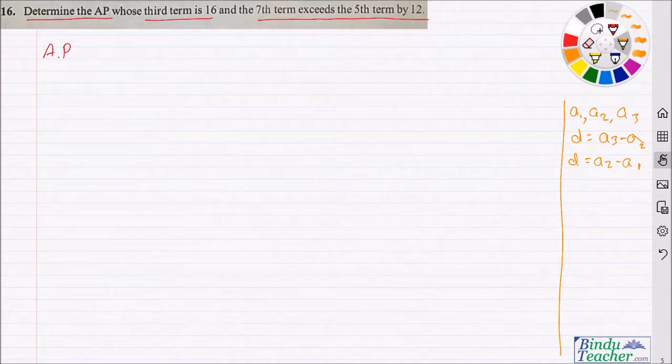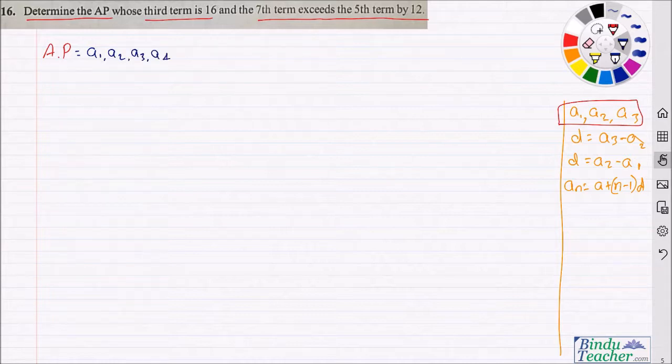And in an arithmetic progression, the nth term can be identified by the formula A plus n minus 1 into D. So when they say determine the arithmetic progression, what we really have to do is find out the first three, or at least let's say four numbers. So for this question, let's find out the first four terms, the values of A1, A2, A3 and maybe A4 also.